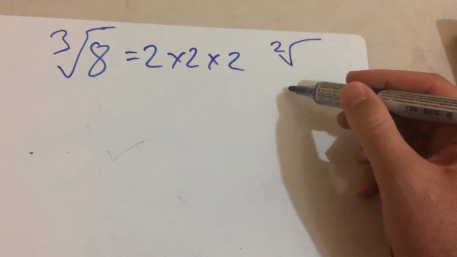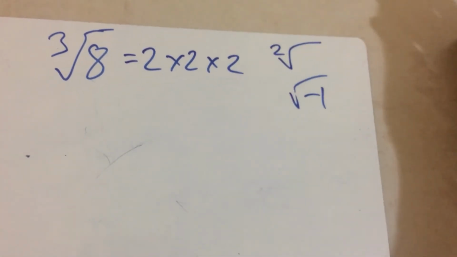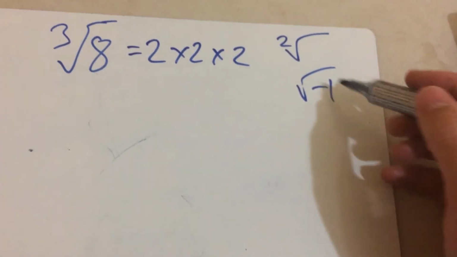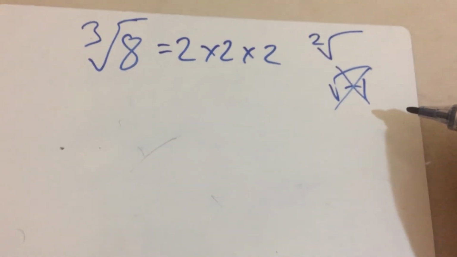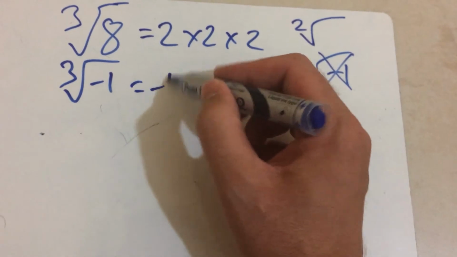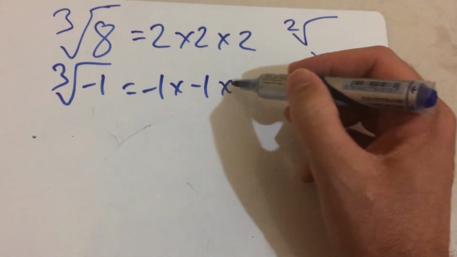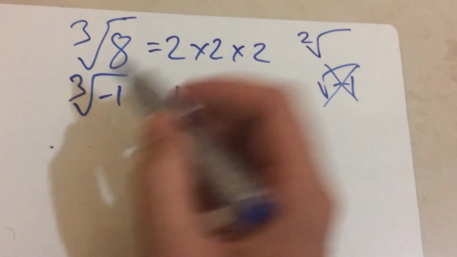Now, unlike square roots, where you can't have a square root of a negative number unless you study further maths, so those don't exist in the real world, you can have the cube root of a negative number, because minus 1 times minus 1 is positive 1, but then times minus 1 is minus 1 again.